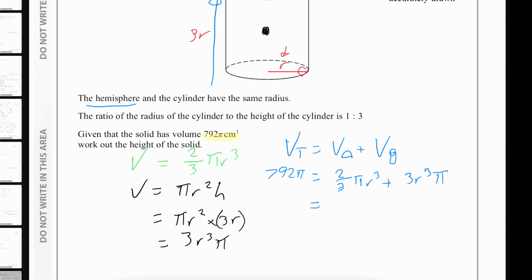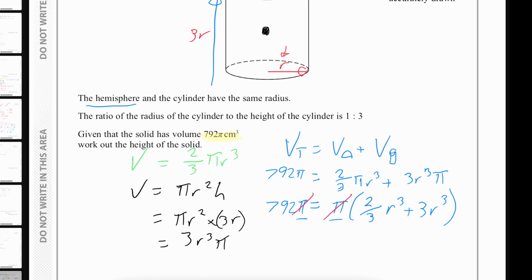Having a look on the right hand side, I have a couple common factors actually. First off, I'm just going to get rid of my pi, so I can pull my pi out. I get 2 over 3 r cubed plus 3r cubed, and I've got a pi on both sides now, so I can cancel them.